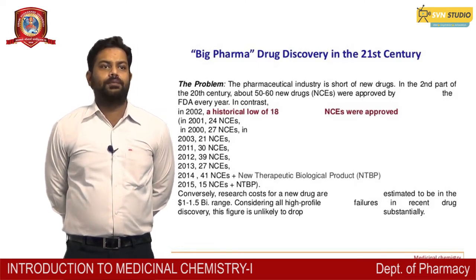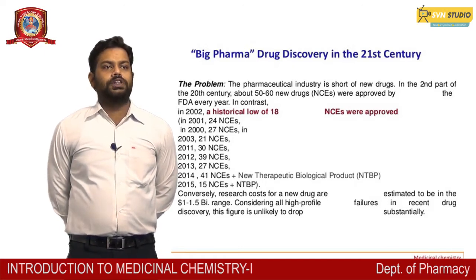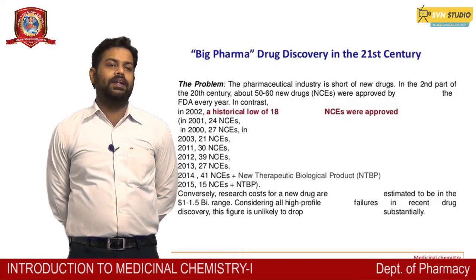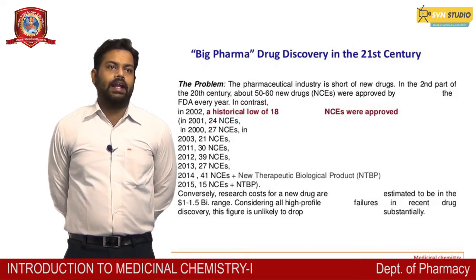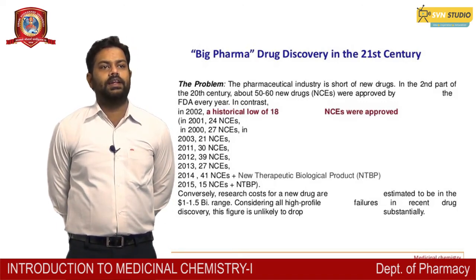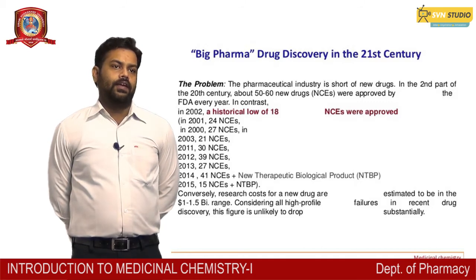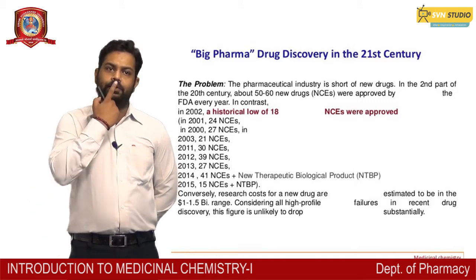various drugs were approved. Latest in 2014 and 2015, a new therapeutic biological product was approved, and about 41 drugs have been approved as new drugs, considering a high profile discovery, and these figures are unlikely to be dropped.